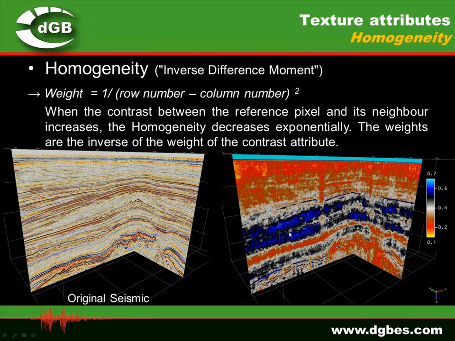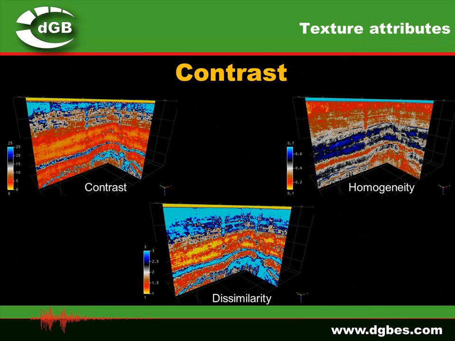So here, as a result, what we saw with a low dissimilarity and a low contrast appears as highly homogeneous using this attribute. And the same, this was with a high dissimilarity, so it results in a low homogeneity. If you compare the three, you see clearly the correlation between the three.